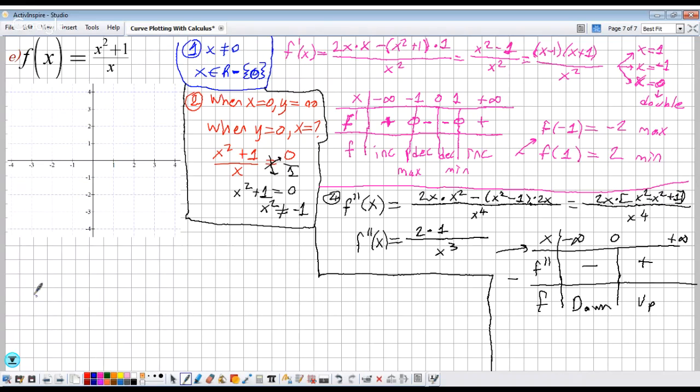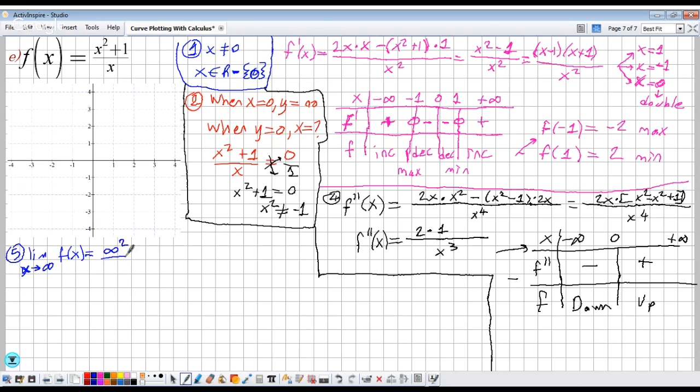The next step, checking the infinities. This was the fourth and fifth. Limit when x goes to plus infinity of f of x. We should compare the highest powers from both.